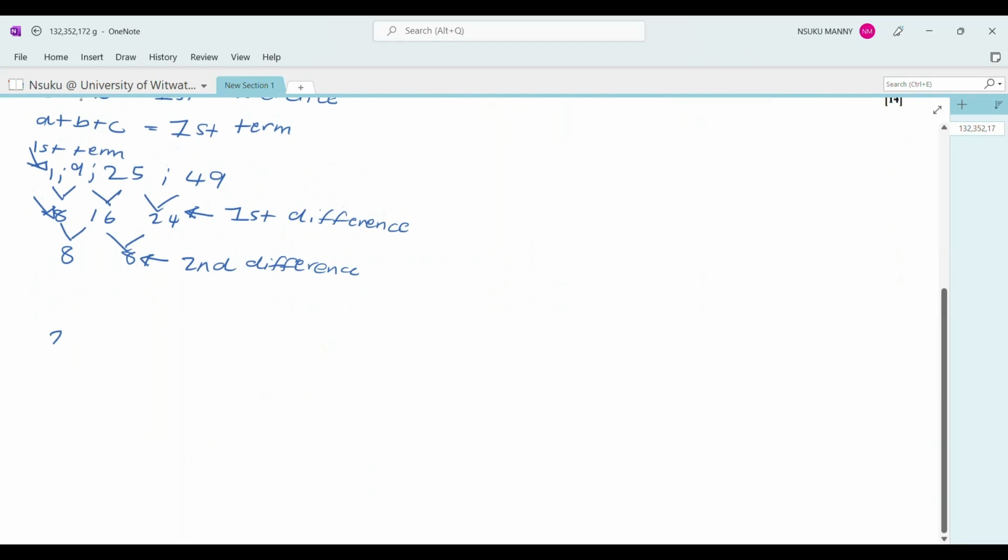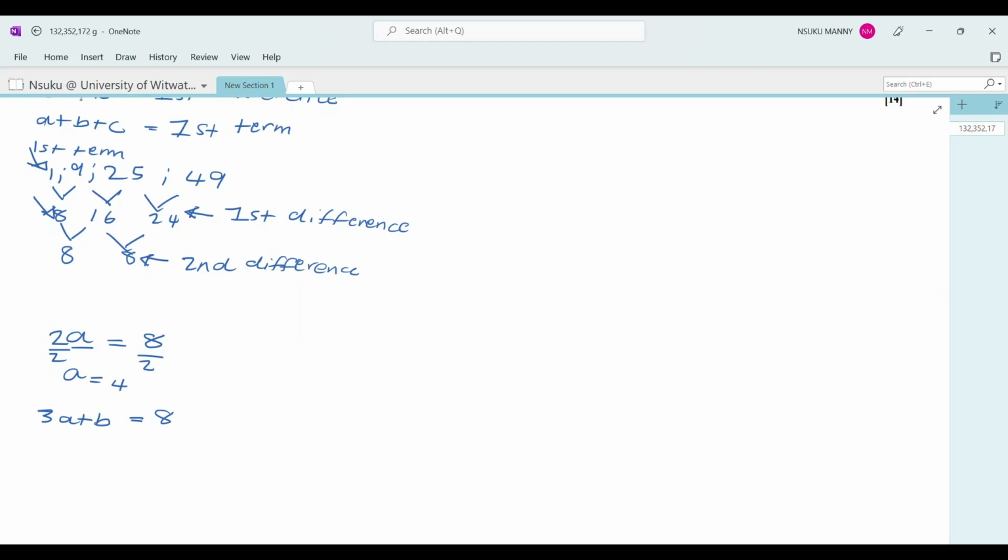We said 2a is equal to the second difference, and we said our second difference was 8. So for us to calculate the value of a, we just need to divide both sides by 2, and we say a is equal to 4, right? And then we have 3a plus b, which is equal to our first difference, and we've established that our first difference was 8 as well.